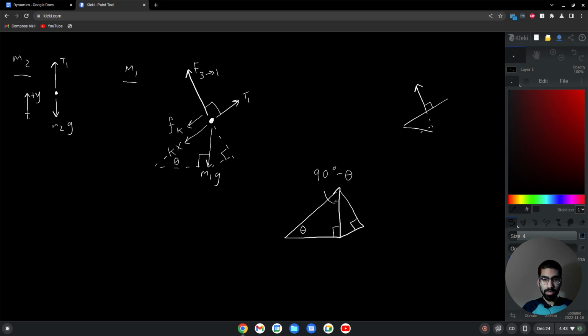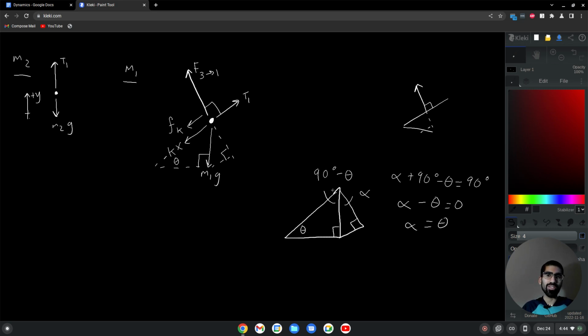So that means this angle here and this angle here have to add up to 90 degrees. So let's call this angle alpha for a second. We have alpha plus 90 degrees minus theta is equal to 90 degrees. They have to add up to 90 degrees, right? Subtract 90 degrees on both sides, and we have that alpha is equal to theta.